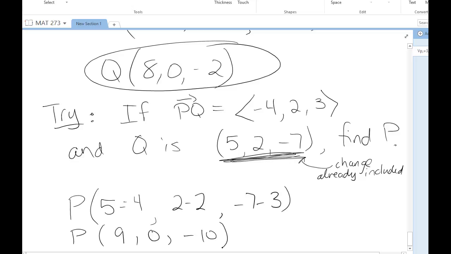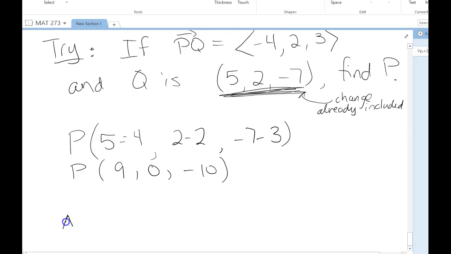So if these components represent change, we've used rate of change in lots of other classes before this one. What are some other things that mean rate of change? Slope. You can think of these as the slopes in each of those individual directions. So along this vector, if you look at it with respect to the x-axis, it looks like it has a slope of -4.